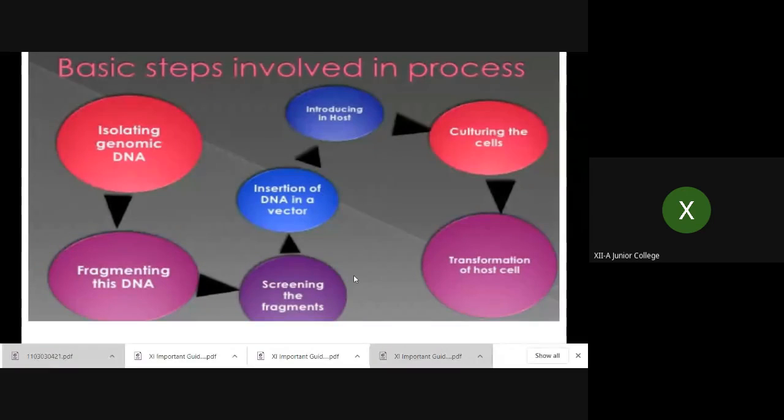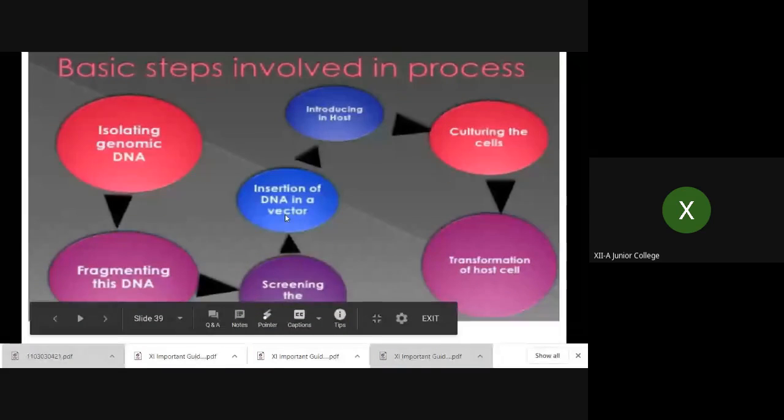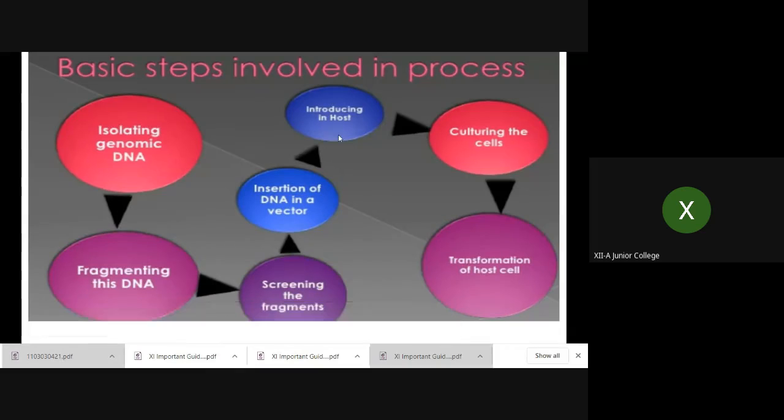And once it is known which DNA fragment contains the gene of interest, that DNA fragment is inserted in the vector. Now that vector is called recombinant DNA or recombinant vector, because the plasmid is extrachromosomal material, and now we have inserted the gene of interest.